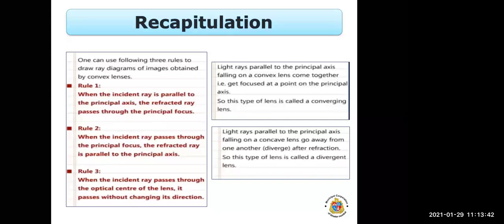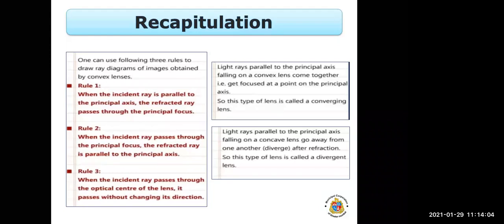So here light rays parallel to the principal axis falling on a convex lens come together, that is, get focused at a point on the principal axis. So this type of lens is also known as a converging lens. That means it collects all the rays at a point, so that's why it is known as the converging lens.